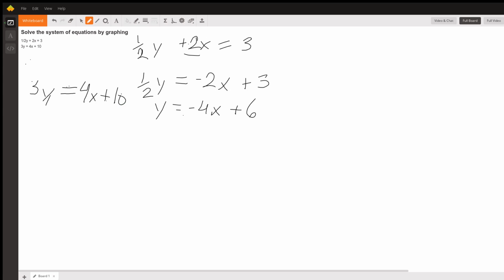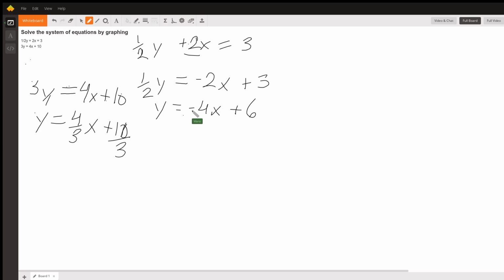And now we can get rid of this 3 by dividing the entire equation by 3, and that gives us y equals 4/3 x plus 10/3. And these are our new equations for our line.